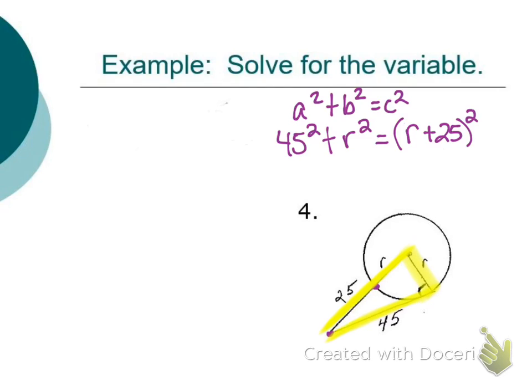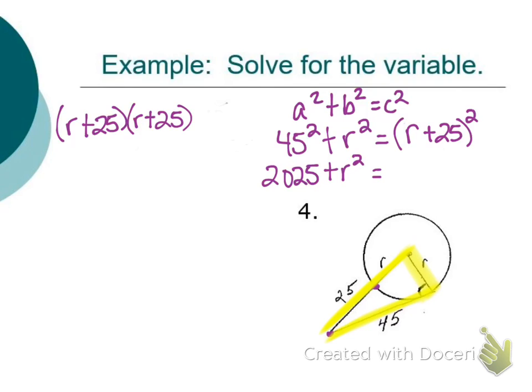The next thing we have to do is go through and simplify what we can. So on the left side, that just means squaring 45. 2025. Whoa. Plus R squared equals, now on the right side, when we have a set of parentheses squared, we have to multiply that set of parentheses by itself.